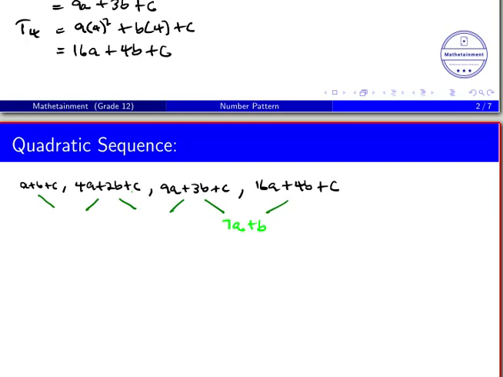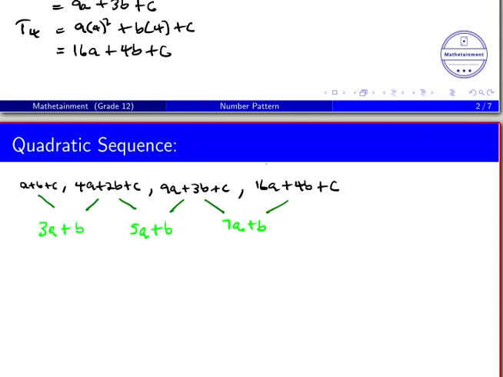Moving to term number 3 minus term number 2: 9a minus 4a gives me 5a, 3b minus 2b gives me b, and c minus c gives me 0. Then 4a minus a gives me 3a, 2b minus b gives me exactly b, and c minus c gives me 0.